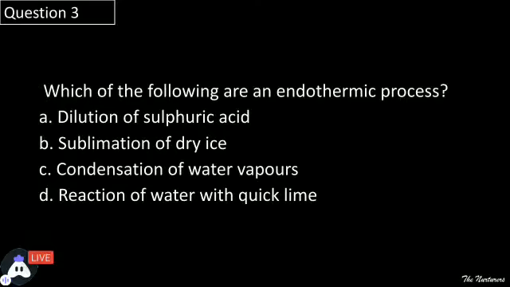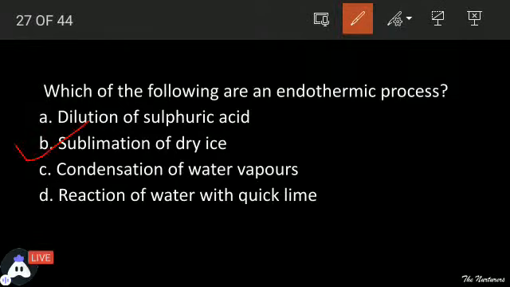A. Dilution of sulfuric acid. B. Sublimation of dry ice. C. Condensation of water vapors. Or fourth, D. Reaction of water with quicklime. Now you have to tell which of these is an endothermic process, meaning the one for which we have to provide heat, and without giving heat that reaction cannot happen. C, all of the above is not an example, not an option even. Sorry. So, which of the following are or is an endothermic process?